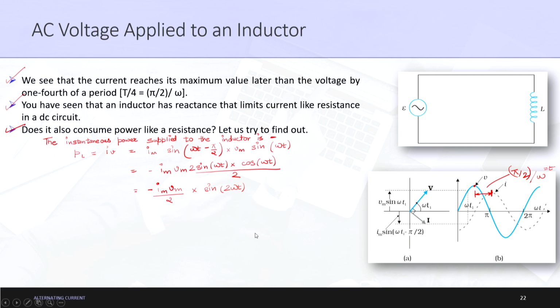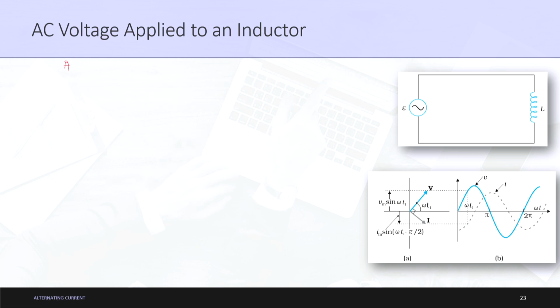So the average power over a complete cycle, how to calculate it?